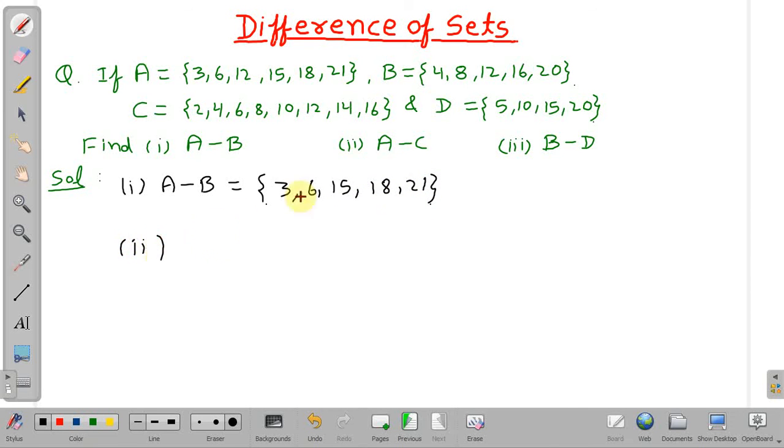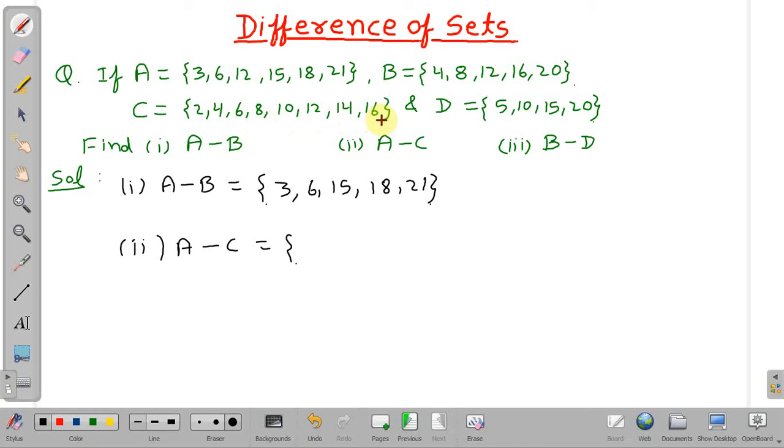Next, we have to find A minus C. Now we have to find all those elements of set A which should not contain elements of set C. So you can see set C contains all even numbers 2, 4, 6, 8, 10, 12, 14, 16.